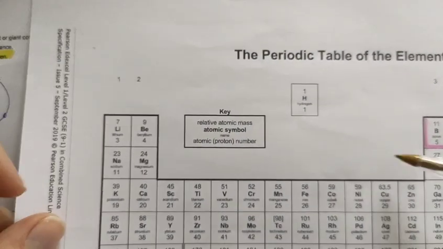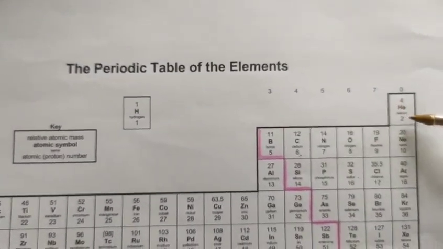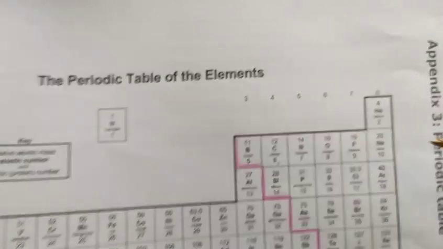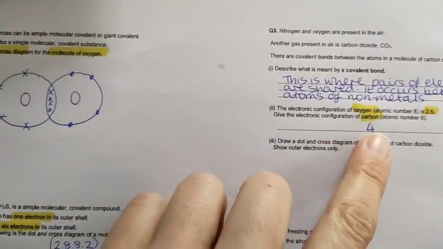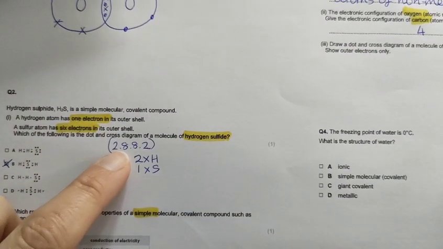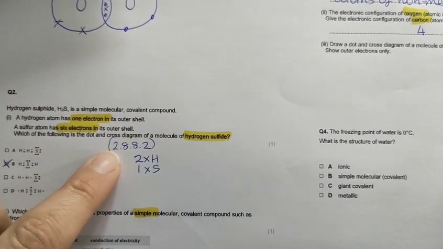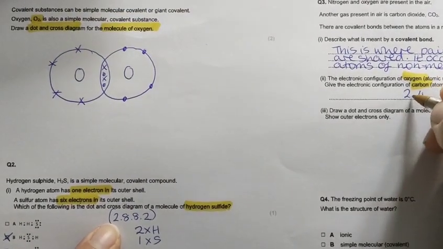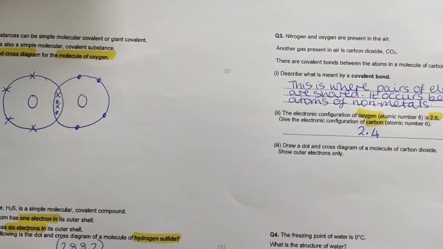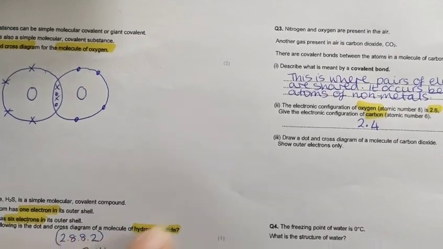And then it's in period 2. You can see 1, 2 there, so that means it's got 2 electron shells. So that must be the second electron shell. If we go back here, remember we put 2, 8, 8, 2. So first must be 2, must be full, and then 4. And then we check, 2 plus 4 is 6. I'm certain that that's my answer.